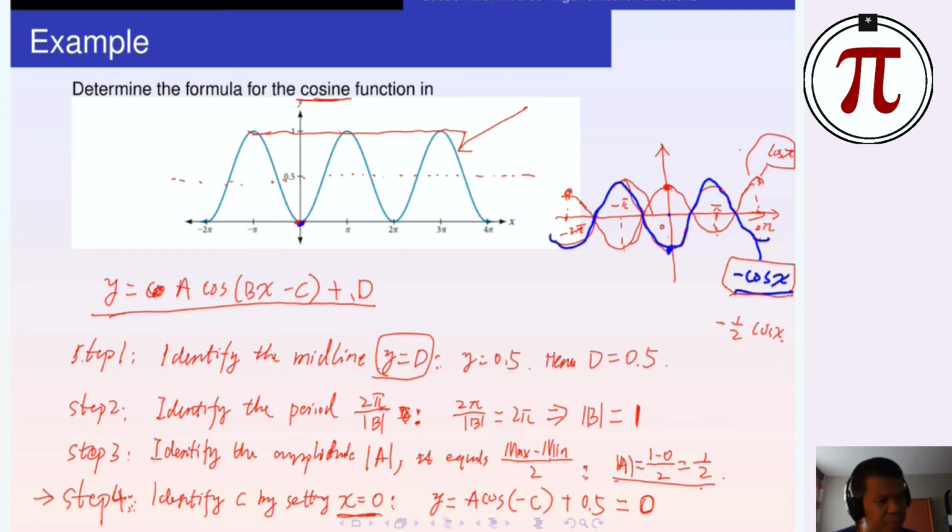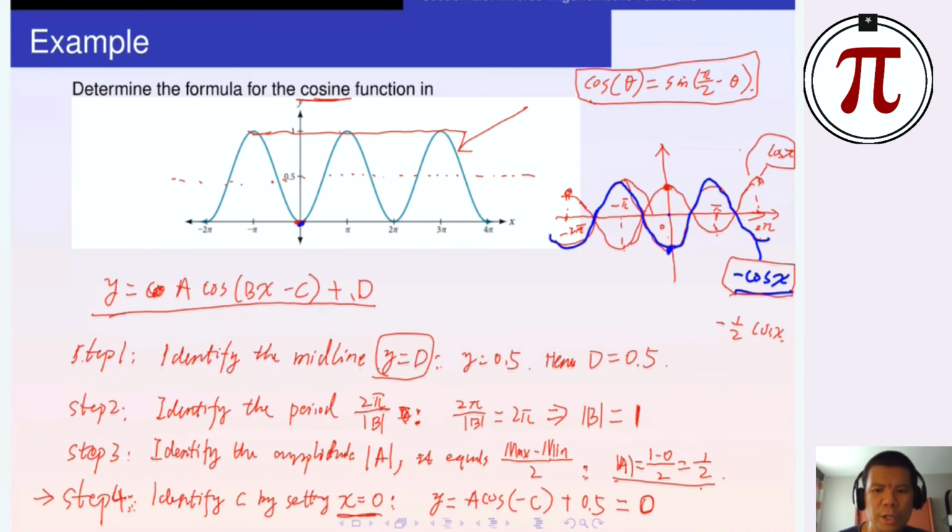Here is something you have to be careful about. Since sine and cosine have what we learned as co-function complementary angles: cosine of theta equals sine of pi over 2 minus theta. If you remember that.